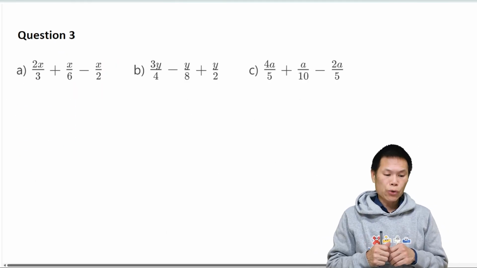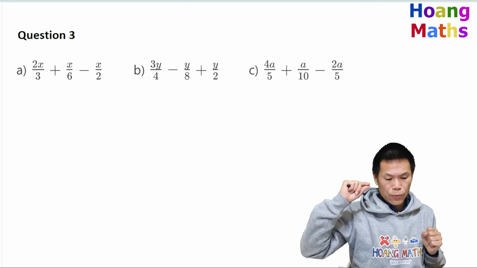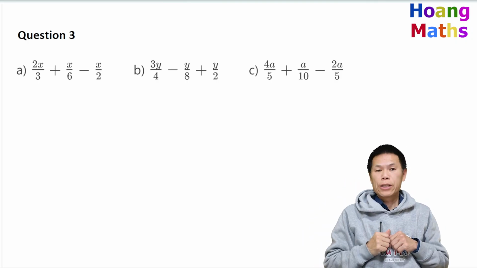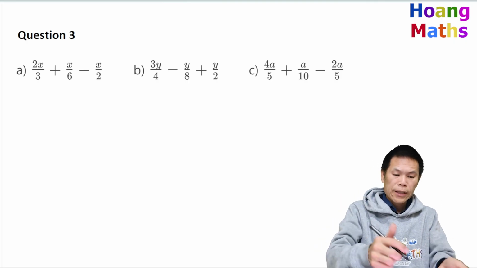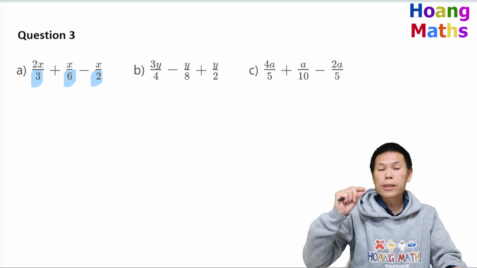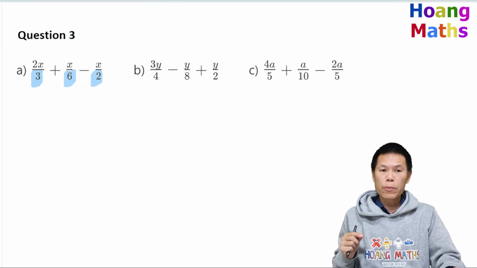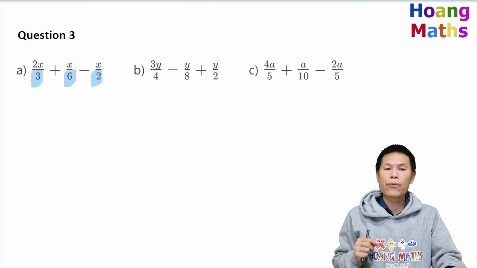Now, question number 3. So we do exactly the same manner. We just need to find the lowest common denominator. So first one, so we have 6, 3, 2. So 6 is the lowest common denominator in this case because 6 is a multiple of 2, 6 is a multiple of 3.